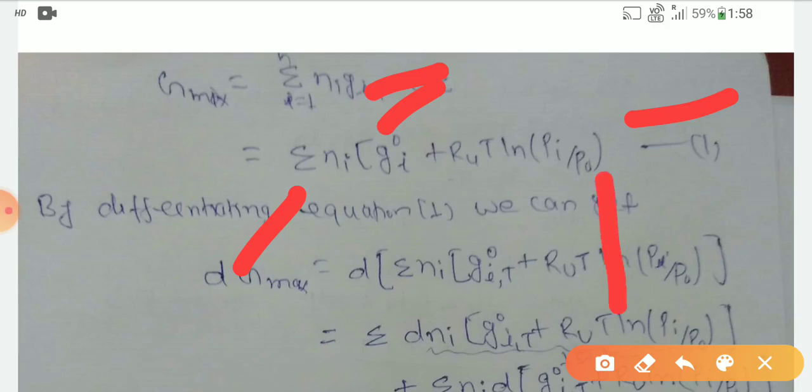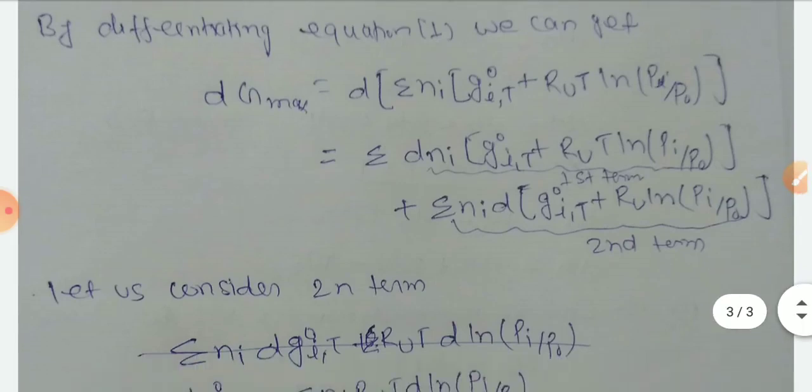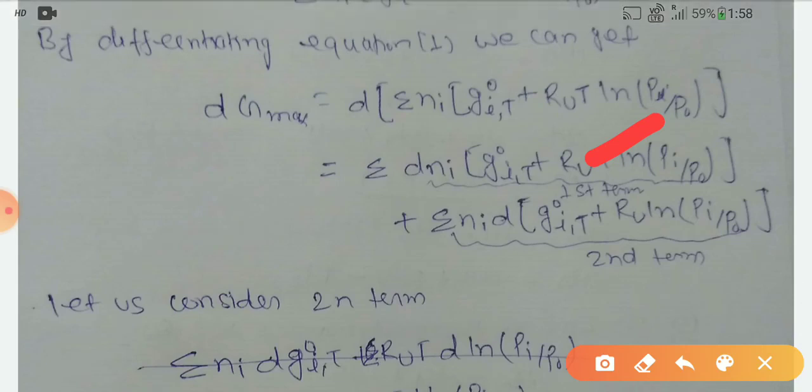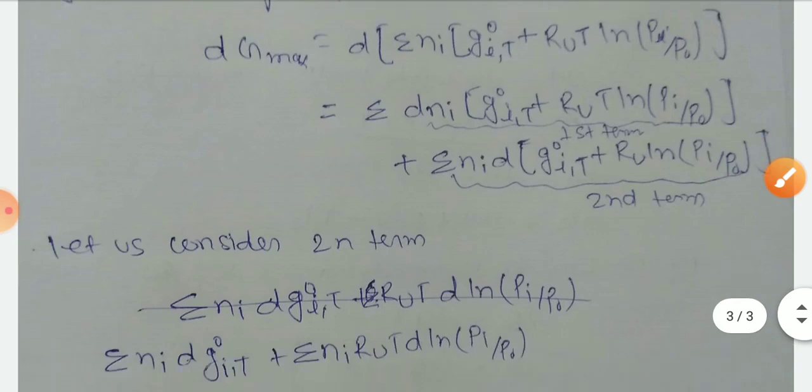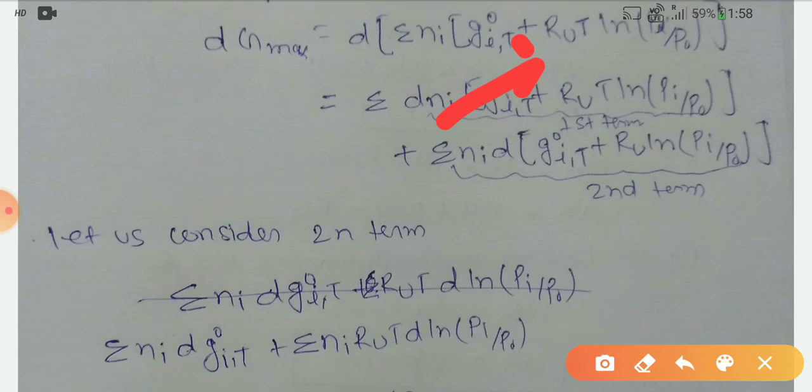The first term is going to be 0, because Ni is a constant quantity, and differentiating a constant quantity gives 0. So I only consider the second term.